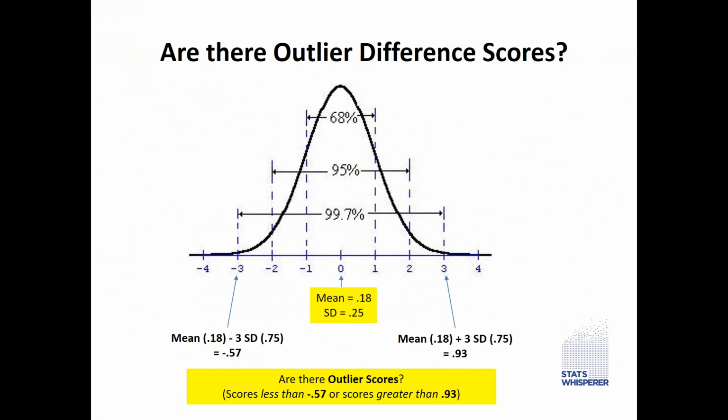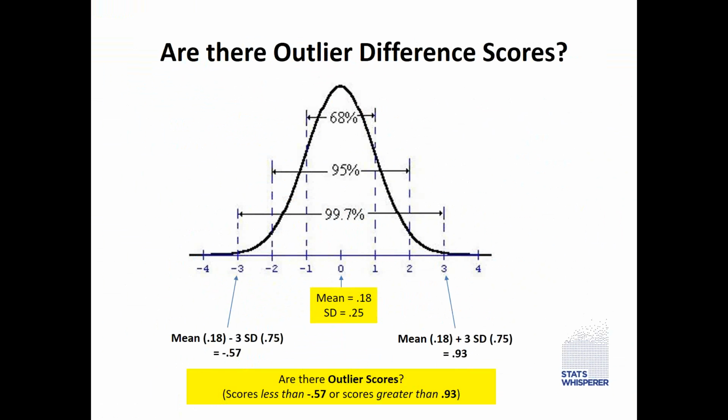And the other way, we would add 3 standard deviations to the mean, so 0.18 plus 0.75 is 0.93. So we would define outliers as scores that are either less than negative 0.57 or greater than 0.93, right?